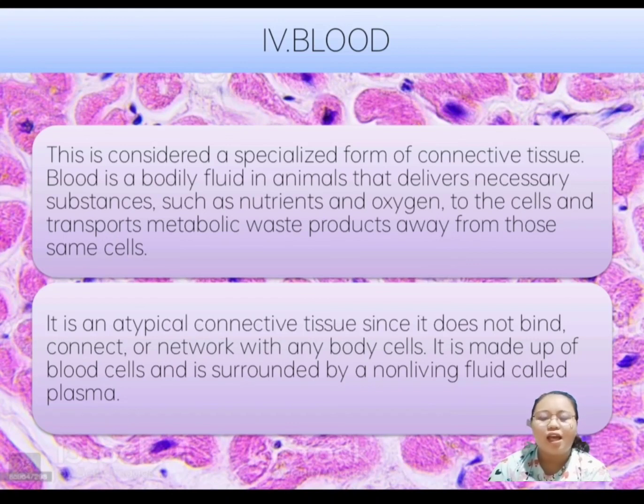And it is an atypical connective tissue since it does not bind, connect, or network with any body cells. It is made up of blood cells and is surrounded by a non-living fluid called plasma.